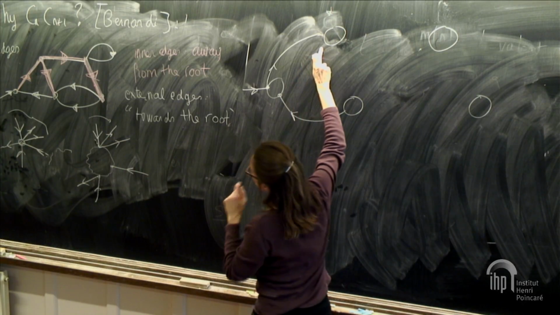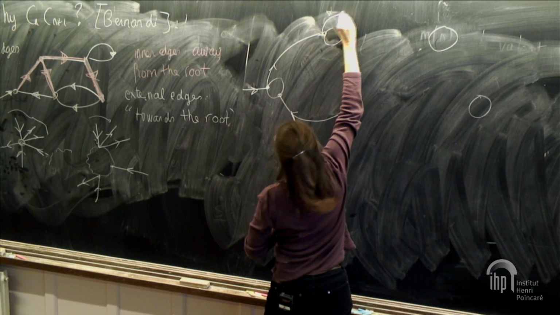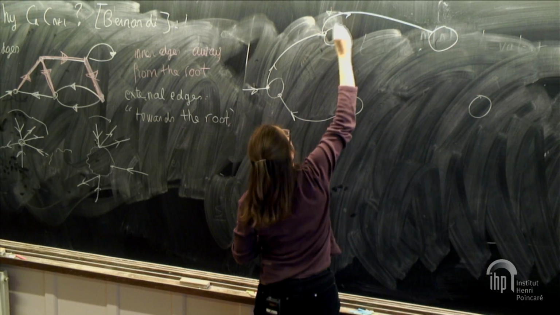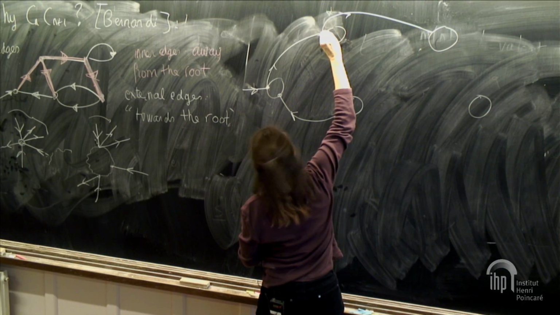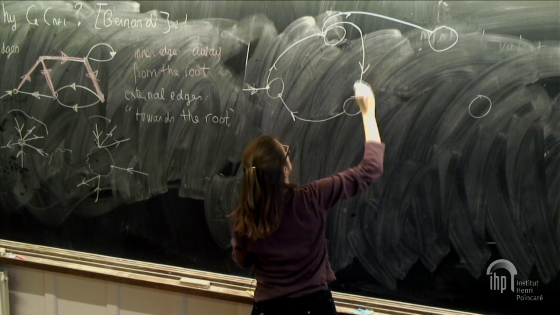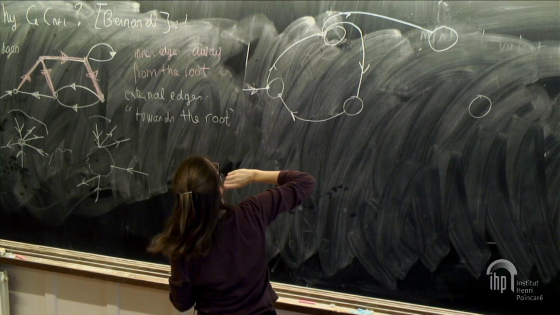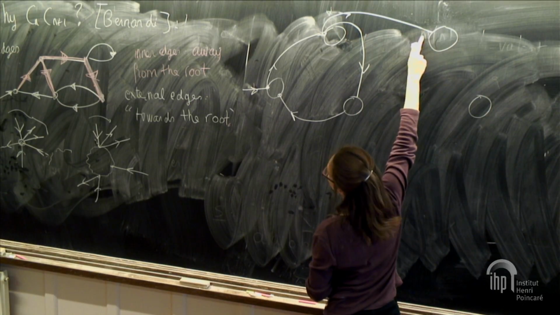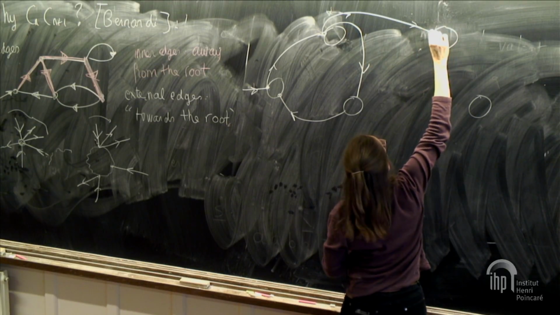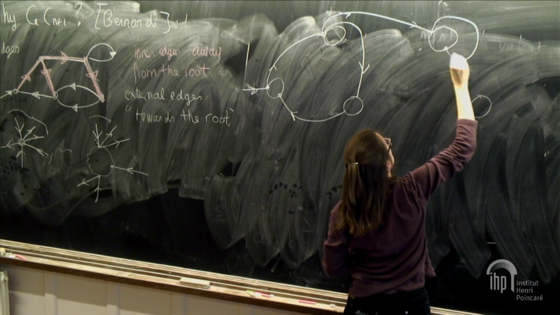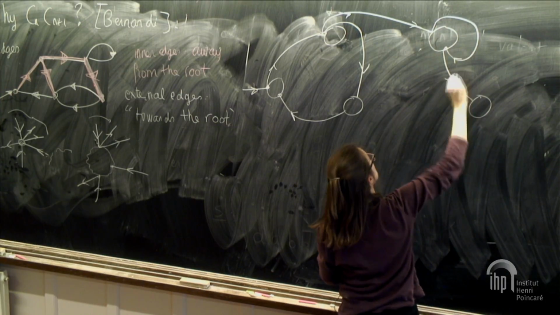Okay, so now I move to this vertex. I have something in, then something going out, and then again out, going here. Then at this vertex, I have this ingoing edge, then out, then in, and then something that goes out here.